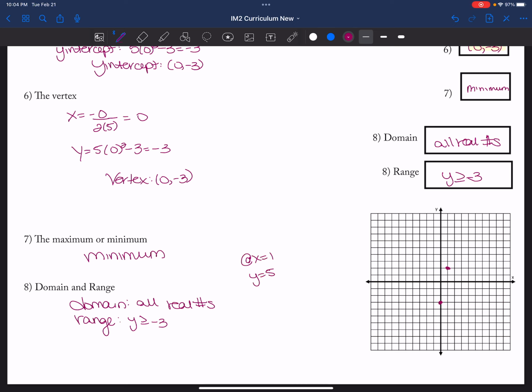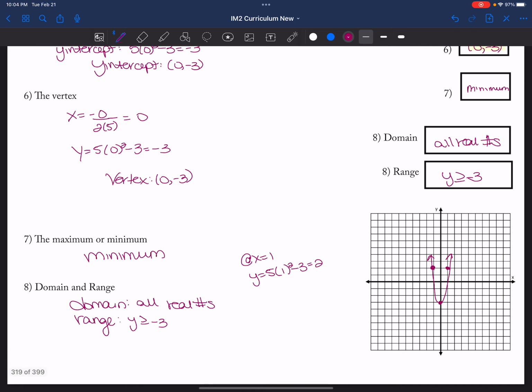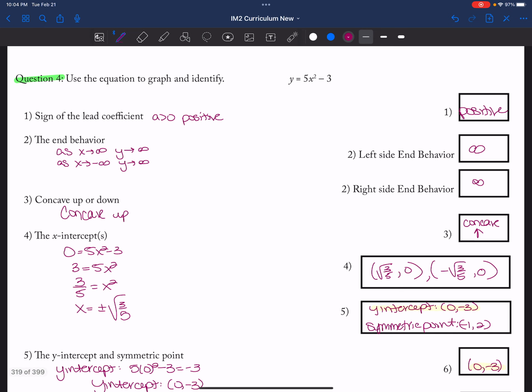Y is equal to 5 times 1 squared minus 3, so I get 2. Okay, so then my symmetric point is on the other side, and it looks something like this. Negative 1, 2. Okay. All right, and that is it for this lesson.